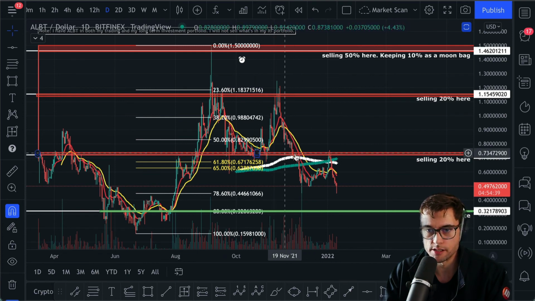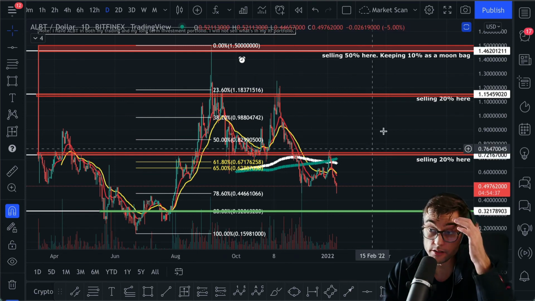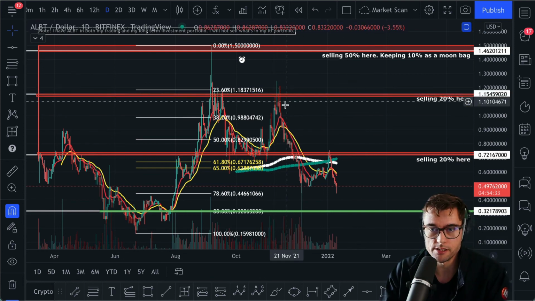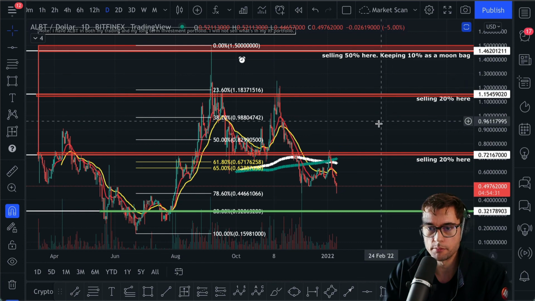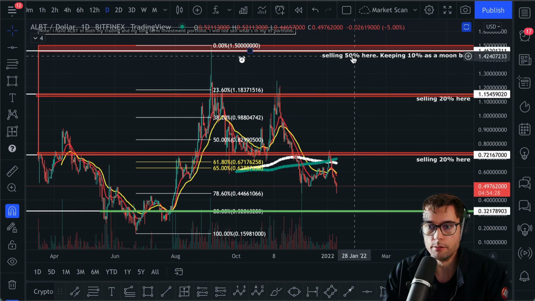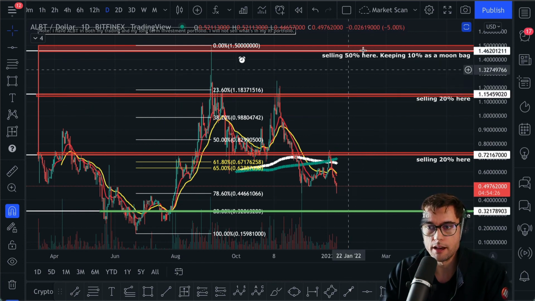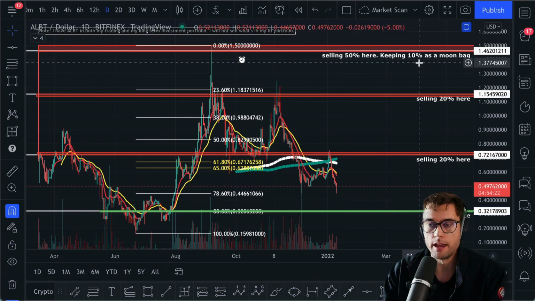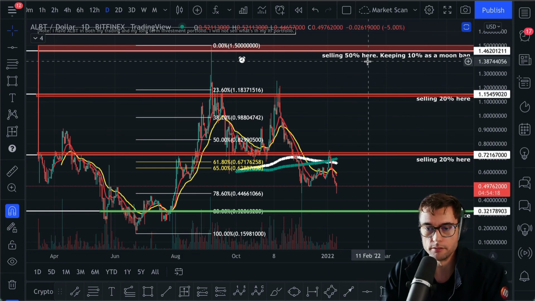This is significant resistance. And then I will sell another 20% here at this another really big resistance. Just lots of wicks up in this area. I'm going to sell 20% up here. And then I will sell 50% if we have another big run up and we get all the way back up to this top. And I'll just keep 10% as a moon bag if we get up here.